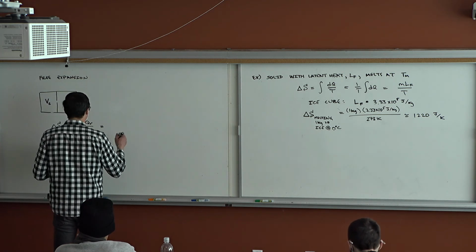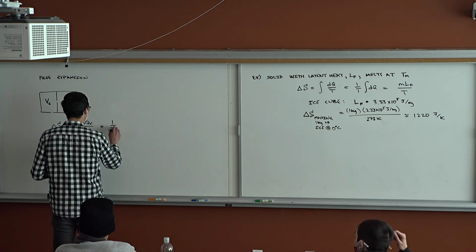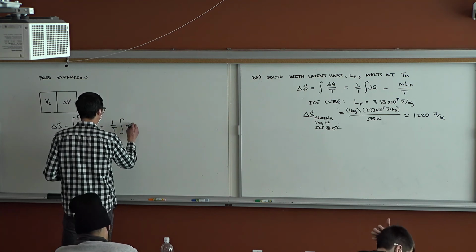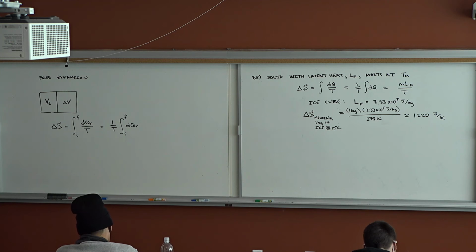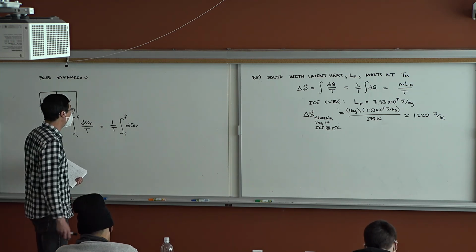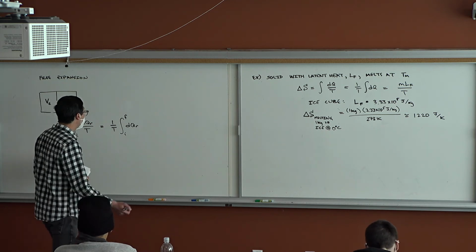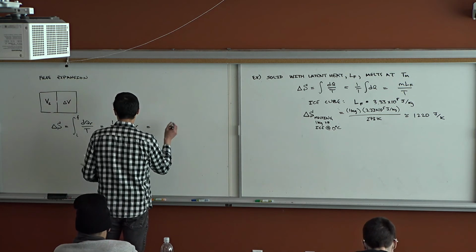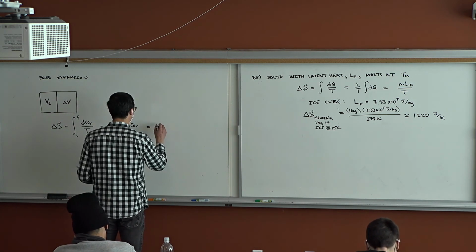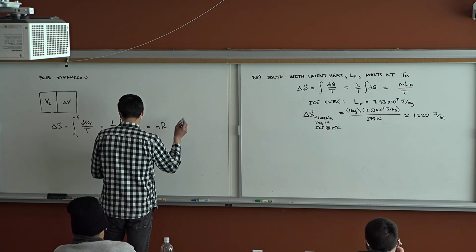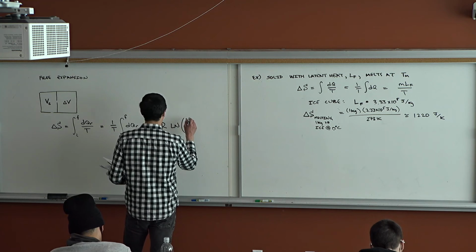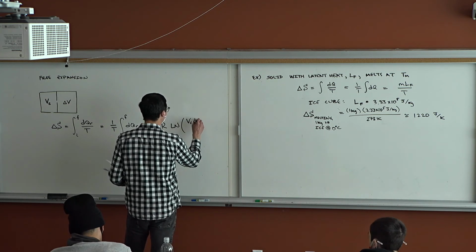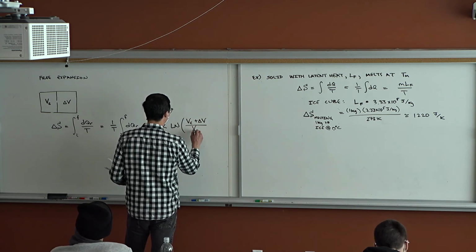And so now we can follow the more traditional fashion of nR times ln, I guess that's V earlier plus delta V over V earlier.